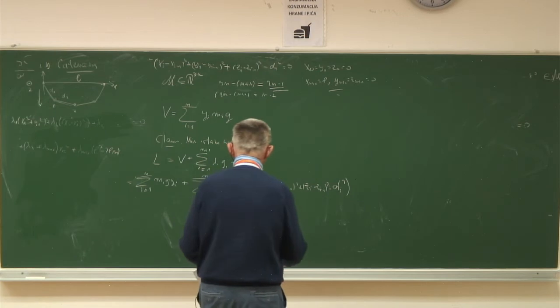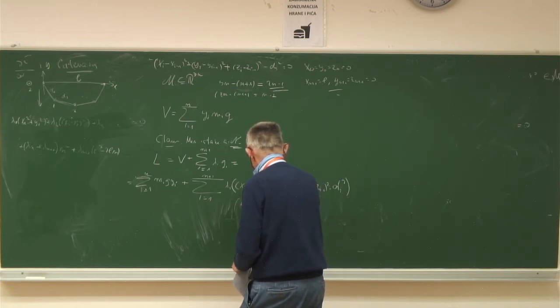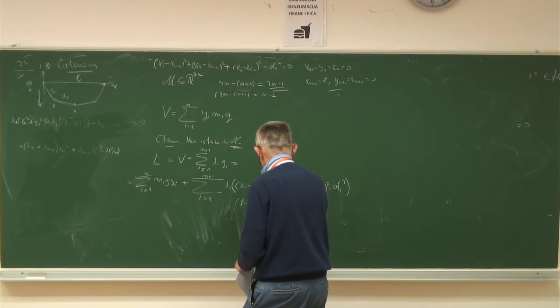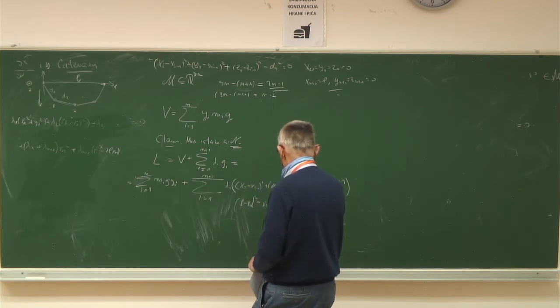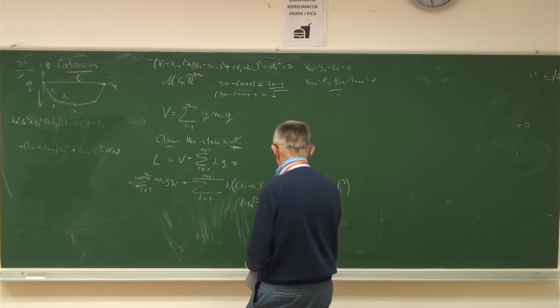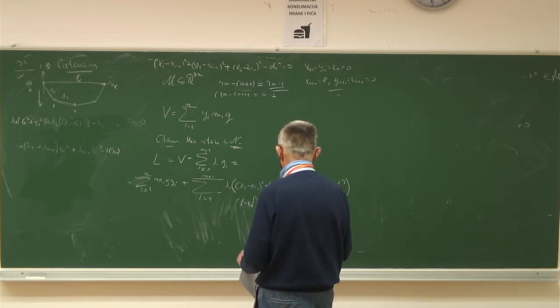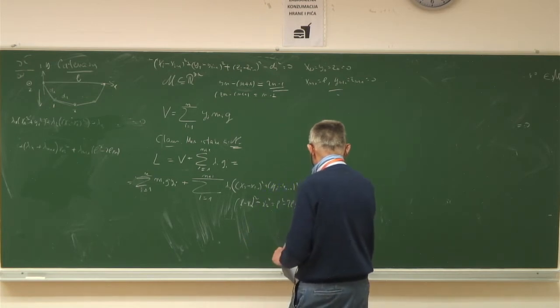You will have here (L minus xn) squared, minus xn squared. And this is L squared minus 2L xn plus xn squared, minus xn squared.